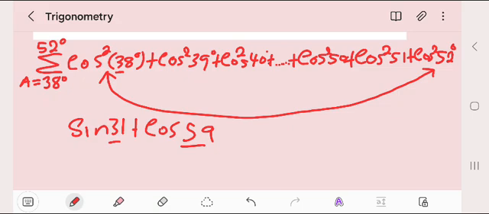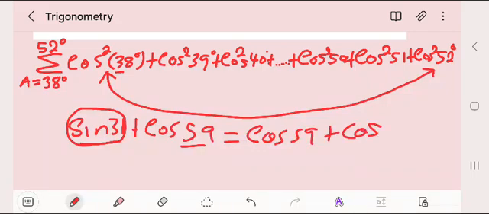Then you can change one of the two, because we said they're the same. Either you change this to become sine 39, or you change this to become cos 59, because those are co-functions. You can change one of the two, for example to cos 59 plus cos 59.